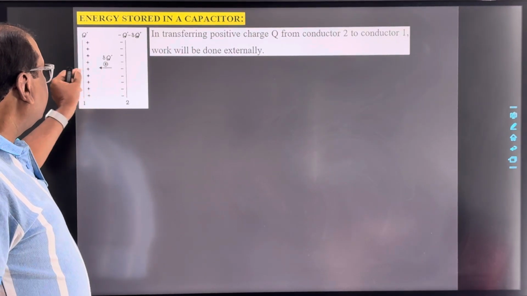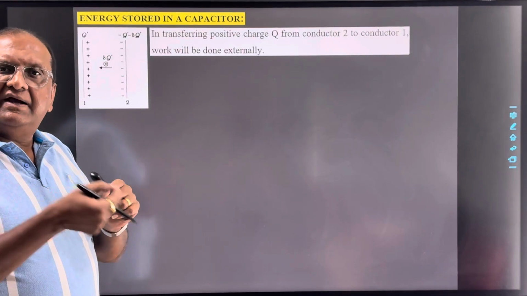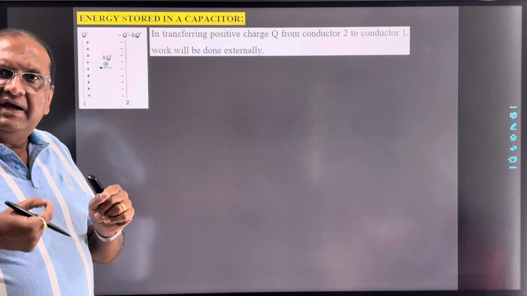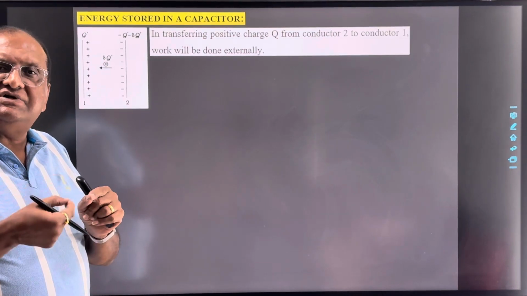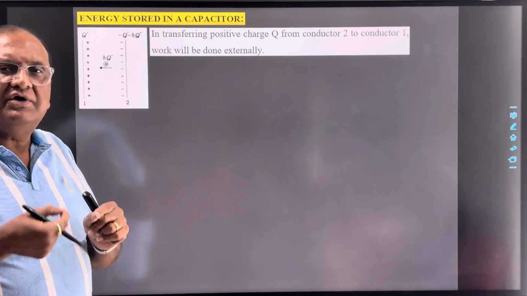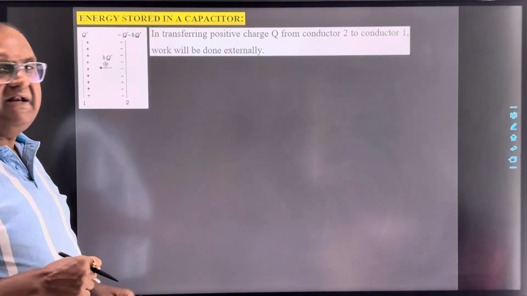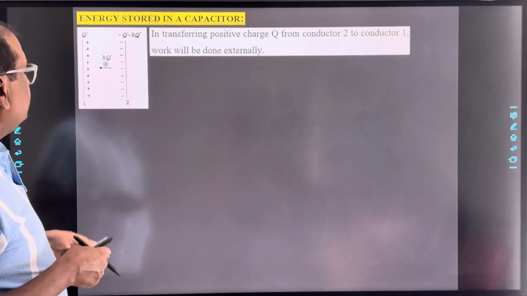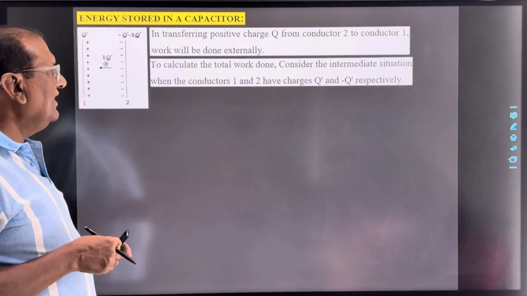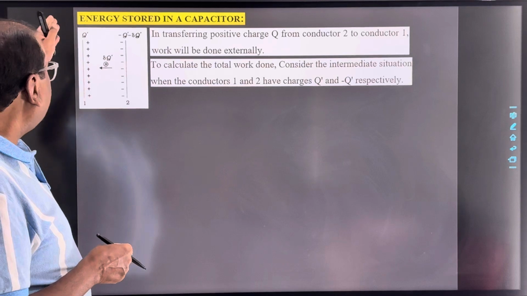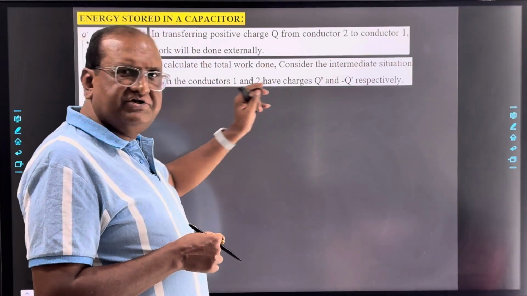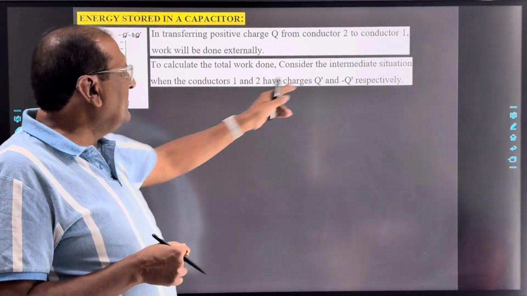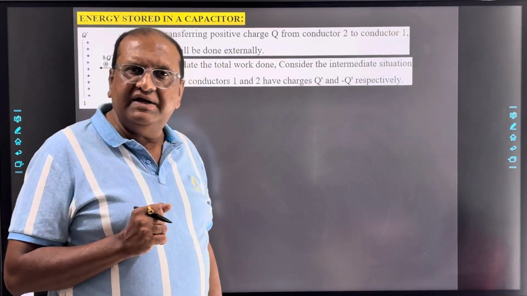Suppose first we transfer charge delta Q, then again delta Q, and again delta Q, and in this way we deposit the total charge Q. Now suppose we take an intermediate position where the charge on the capacitor is Q', meaning the positive plate 1 has charge Q' and the negative plate 2 has charge minus Q'. Clear?